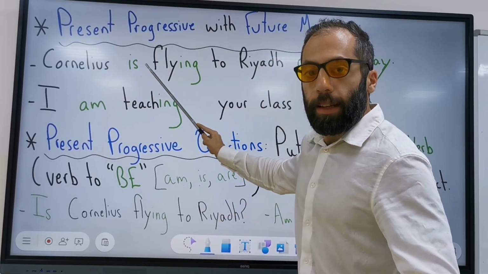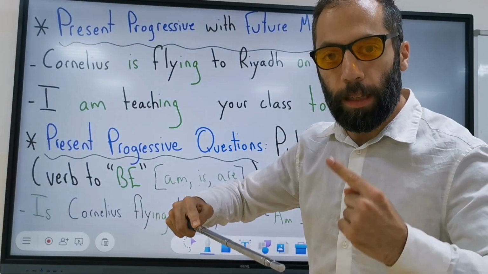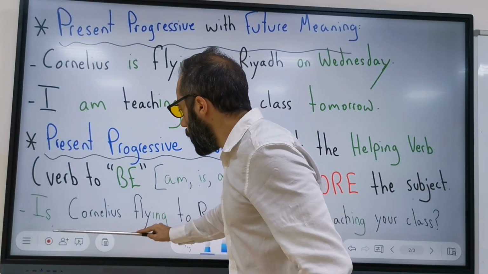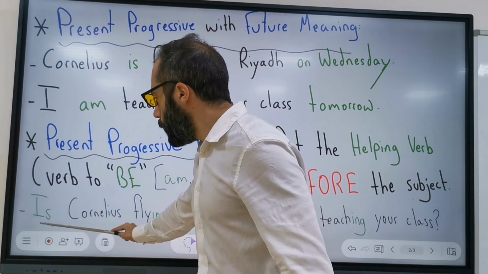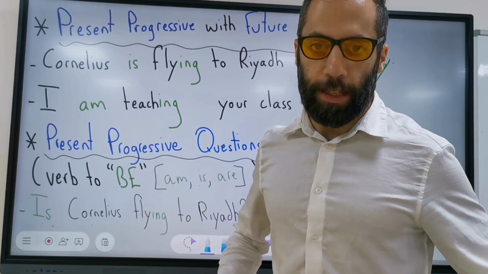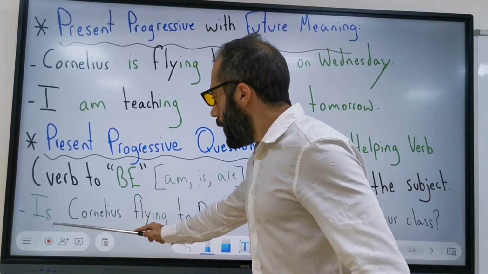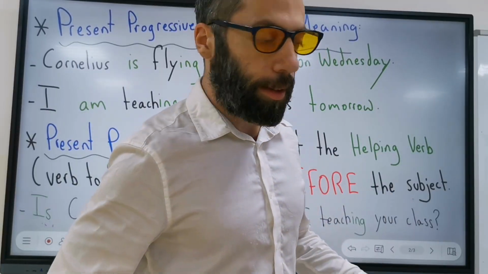Cornelius is flying. As a question, I will switch the order around. It becomes, is Cornelius flying to Riyadh? So I will put the verb to be before the subject, and then after the subject, I will put the verb with ing.